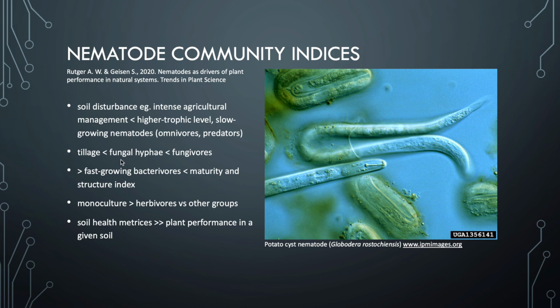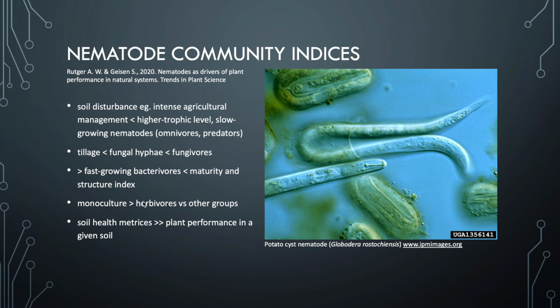So we know that tillage reduces fungal hyphae, and that reduces, therefore, fungivorous nematodes. And this increases fast-growing bacterivores as it turns the soil and changes the microbial dynamics in the soil. And this favors fast-growing bacterivores and therefore reduces the maturity and structure index of that soil nematode community. Growing plants in monoculture increases herbivorous versus other groups of nematodes.